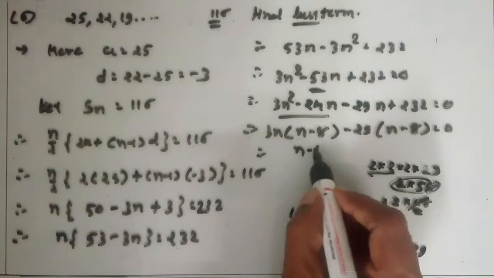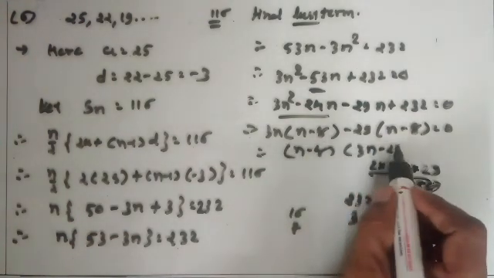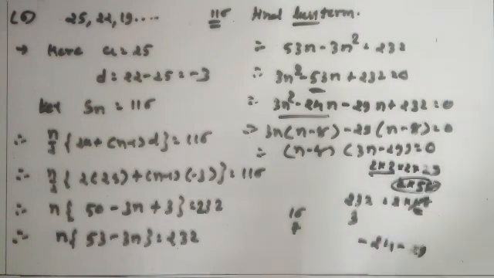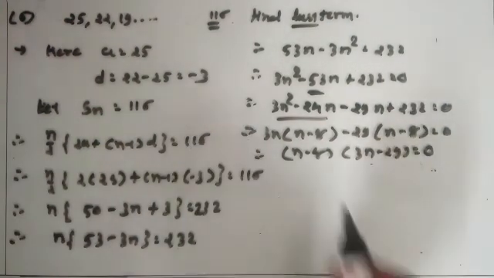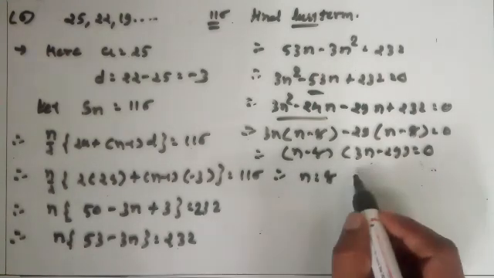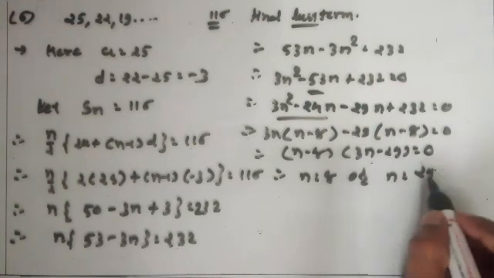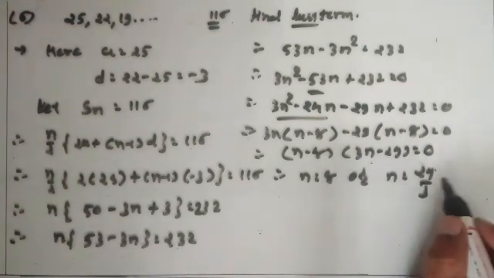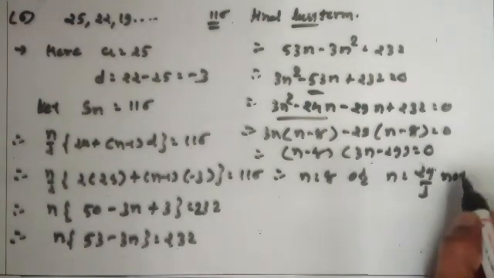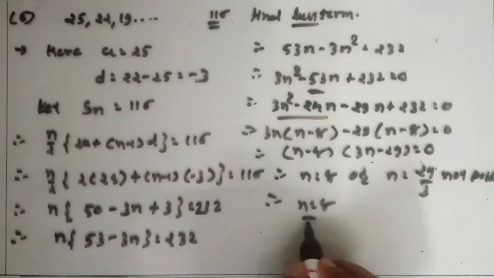Now n minus 8 taken common, so 3n minus 29 is equal to 0. Therefore n is equal to 8 or n is equal to 29 upon 3. 29 upon 3 is not possible. Therefore n is equal to 8.